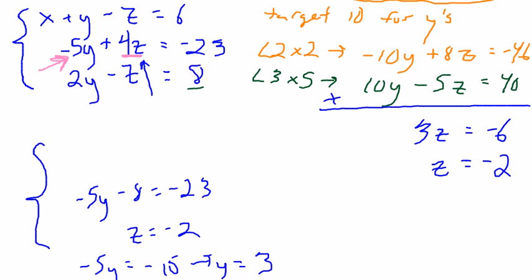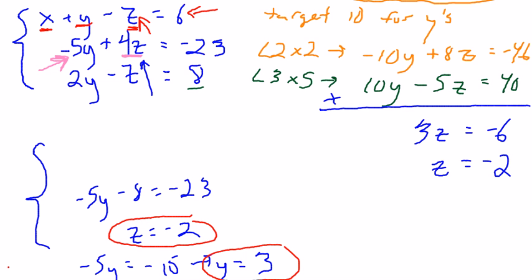So I'll circle the answers that I have so far. I've got z equal to -2 and y equal to 3. At this point, all I have to do is find x. I'm going to use this line to find x because it tells me y, it tells me z, and it tells me what x is in terms of those. Since I know z is -2 and y is 3, I can plug in -2 for z and 3 for y.